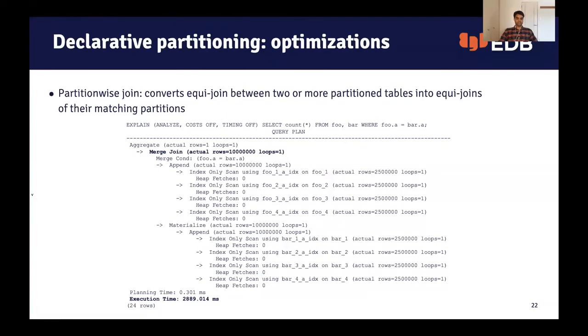We're joining tables foo and bar, which both have four range partitions with the same range bounds. Without partition-wise join enabled, there will be a single join as highlighted in this plan, and the join's input relations are the appends of foo and bar. Append represents the combined output of a partition table, if you didn't know that. And just remember that this plan takes about 3 seconds.